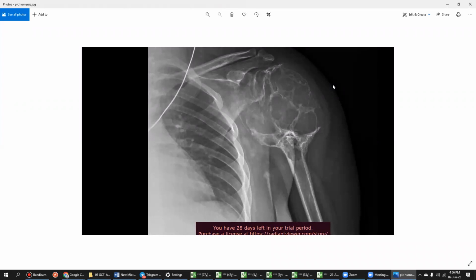Also, since it is showing some internal matrix which is hyperdense or internal septations, telangiectatic osteosarcoma can be one of the differentials as well. To take it further, I need to compare with any previous imaging, and if the patient has presented with pain. I don't see any evidence of fracture, however I need to evaluate it further with MRI to take it further.